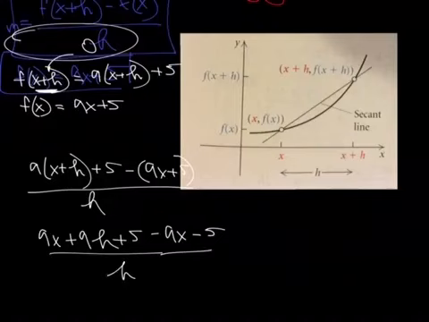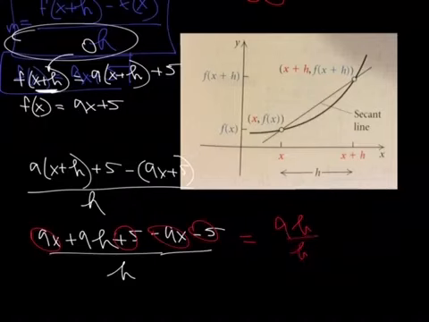Alright, what happens here? This and this cancel, this and this cancel, and I'm left with 9h over h. Those cancel, so I'm left with 9. That's my difference quotient. That's the average rate of change. That is the slope. Okay, so that's what they're doing when they're doing difference quotients.